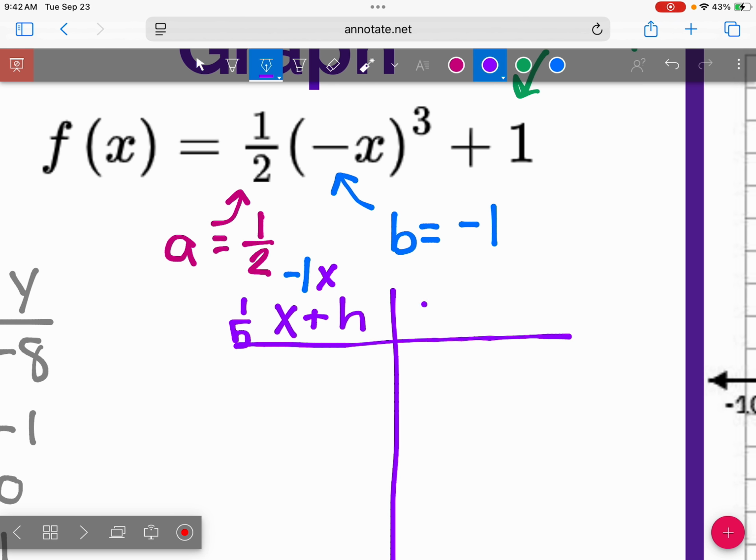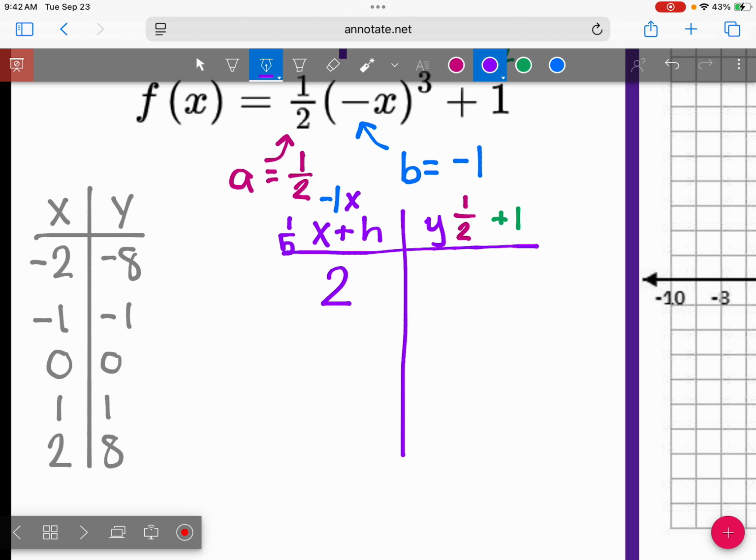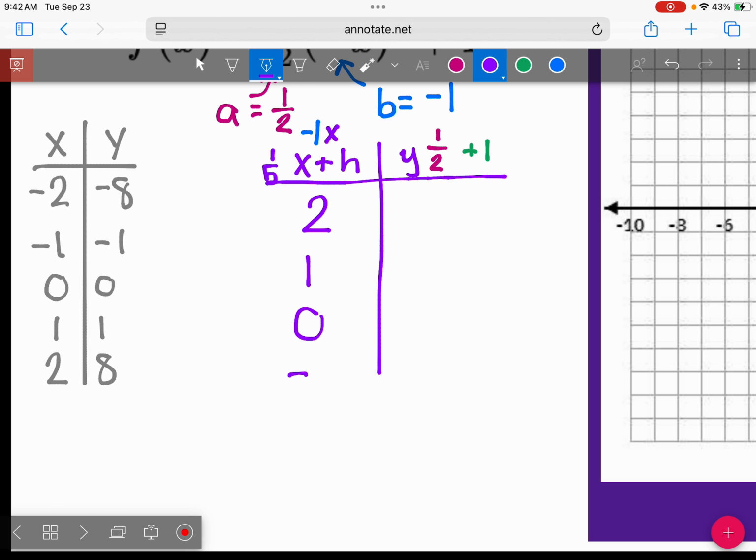For our y's, taking our y times our a, just like normal, times our 1/2 plus k plus 1. So this is going to take all of our x's and flip them to the other side. So -2 times -1, we get our +2, +1, 0, -1, and -2.